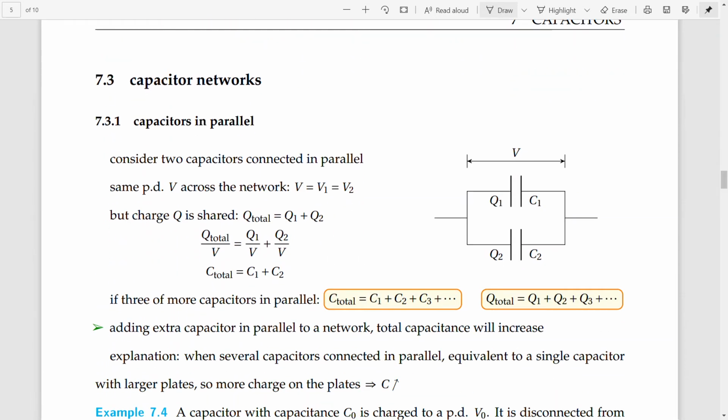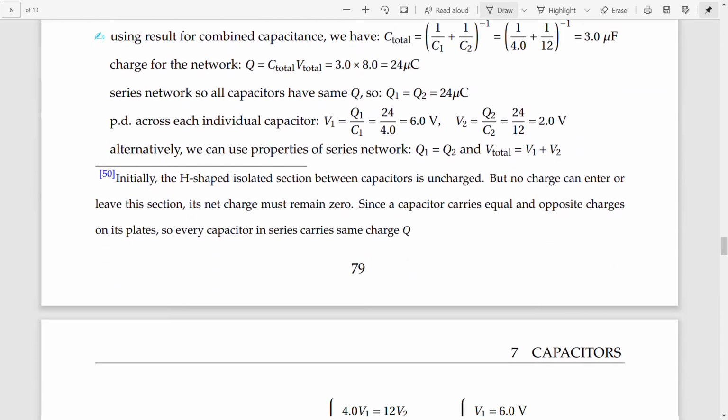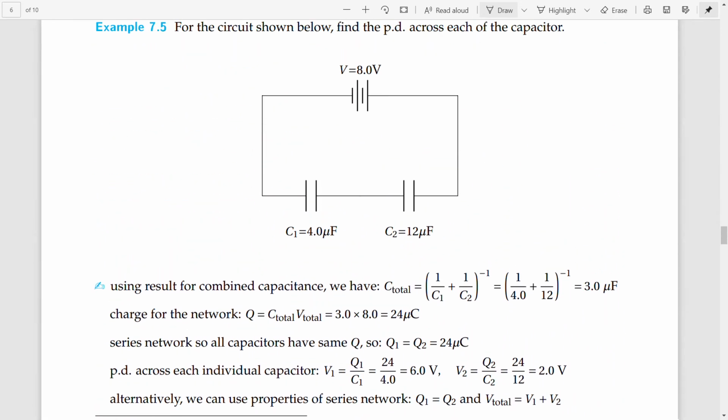Other things you need to know: this is a parallel plate, and I have already discussed it in my videos. I discussed parallel and series capacitors there, so I won't discuss it again. This is actually the series capacitors.